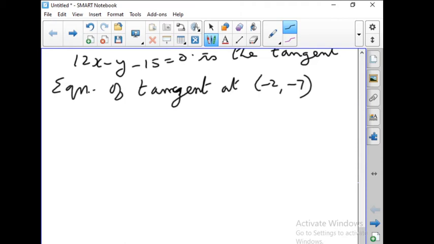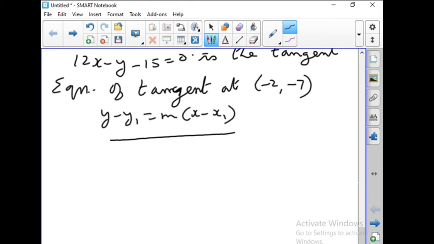So can you complete this, children? Yes, you have to complete it. What is the formula? y minus y1 is equal to m into x minus x1. So you have to write this step.